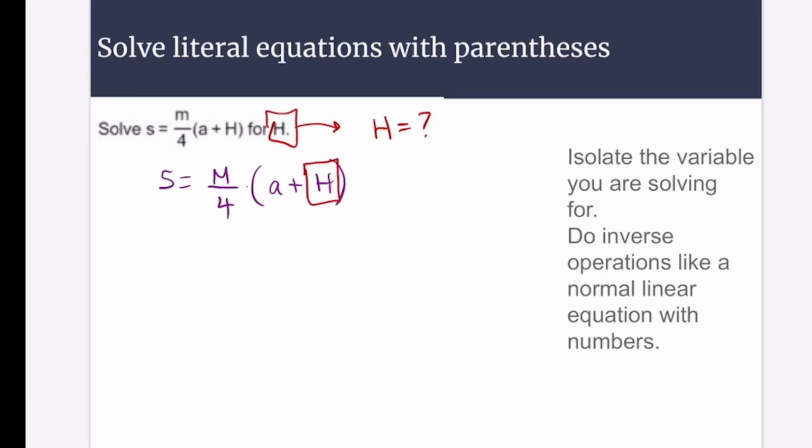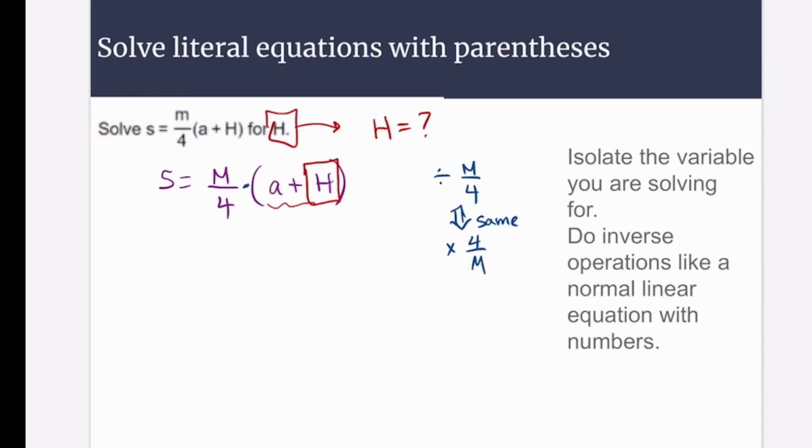H is inside the parentheses, so we're going to leave that the way it is. I have to get rid of multiplying this fraction. So I can divide a fraction, but if I divide by m over 4, that is the same thing as multiplying by the reciprocal, 4 over m.